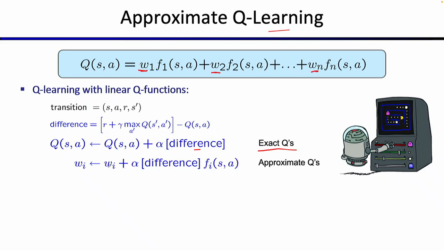And we'll get to the derivation and justification for why in a couple of slides, but for now I just want to share the result and the intuition. The way we tweak our free parameters W is we increment them by the learning rate times this difference quantity times the value of the feature for this W.